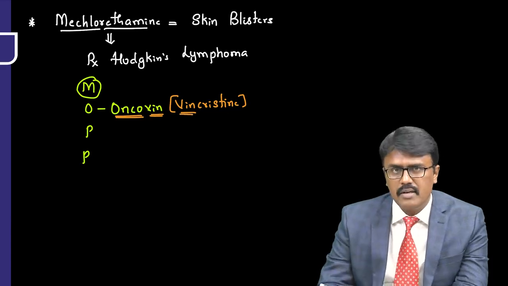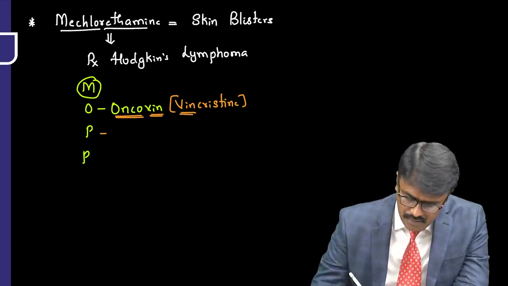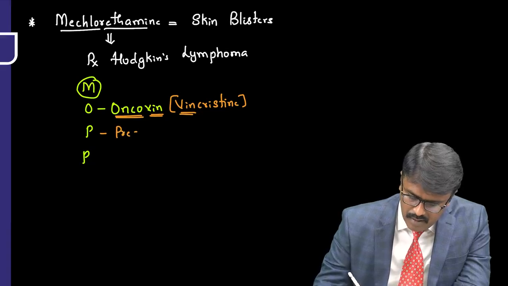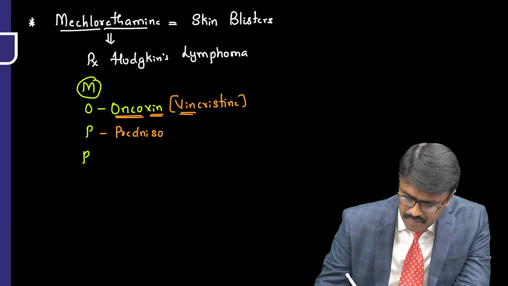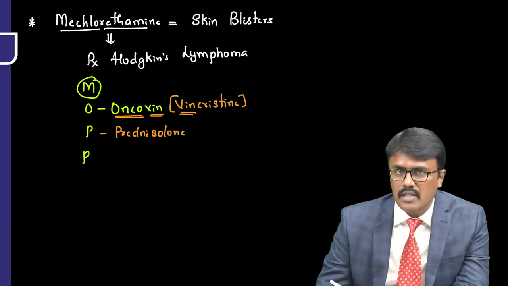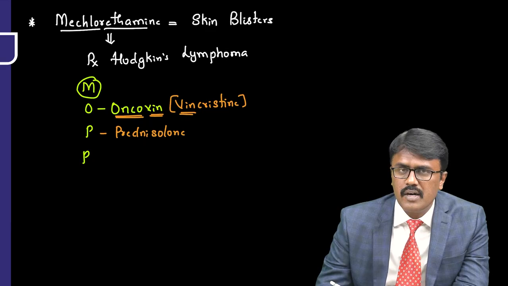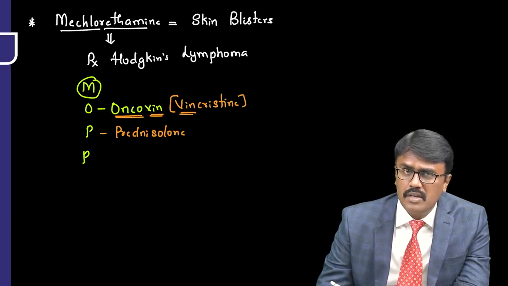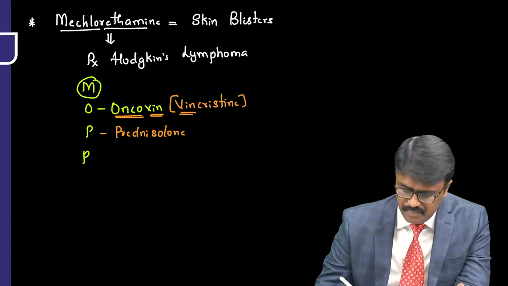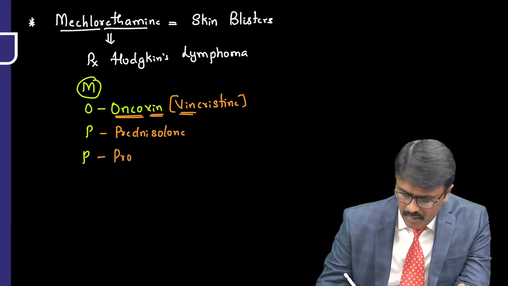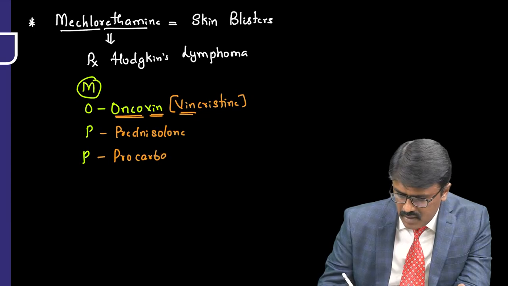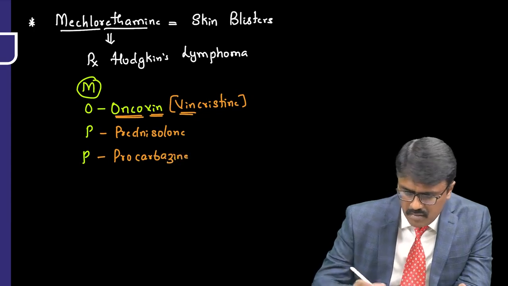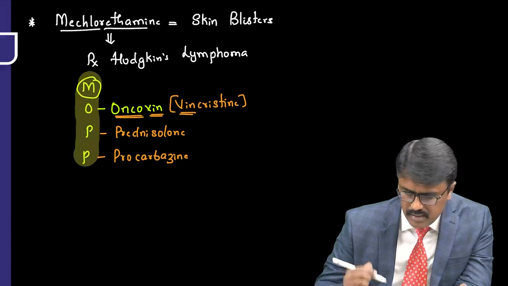So a drug for cancer, Oncovin. Then P for prednisolone. Prednisolone is a steroid, and we have discussed in corticosteroids they can also be used in treatment of lymphoma and leukemia. Then procarbazine. So that is a regimen called MOP regimen, which we used to treat cancer.